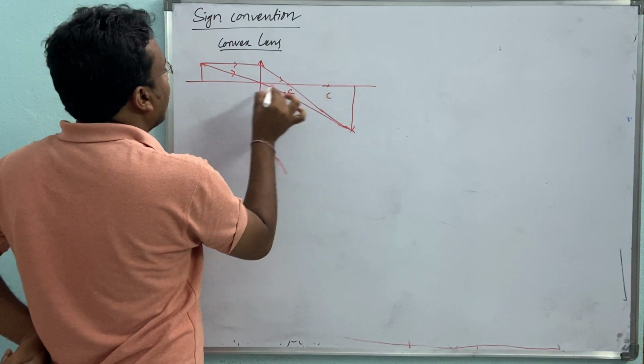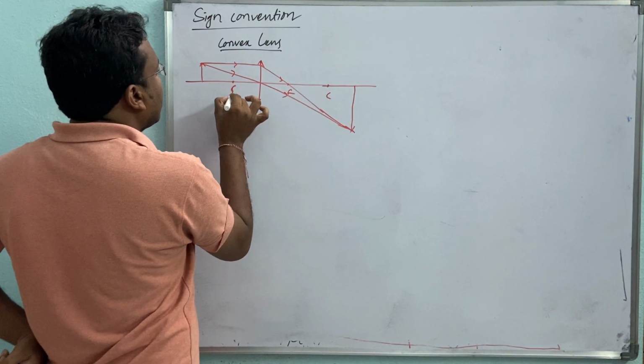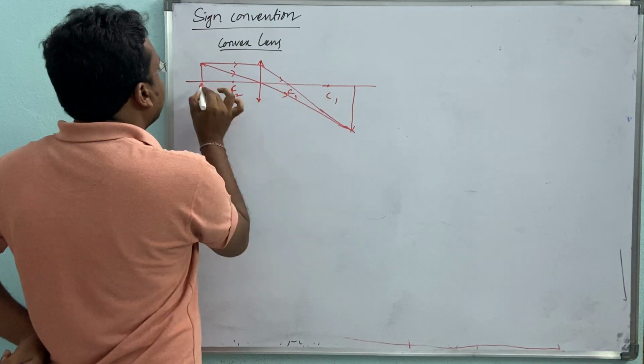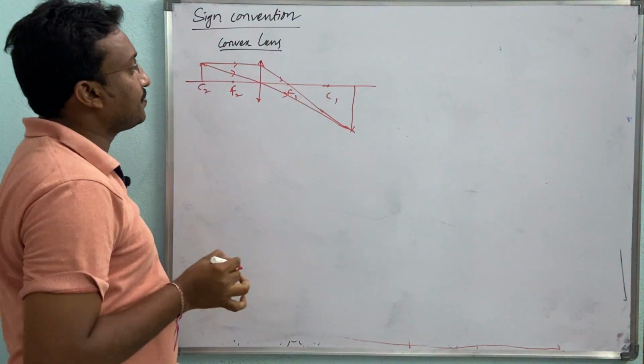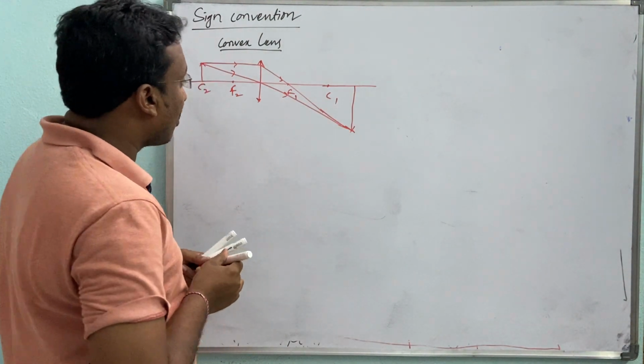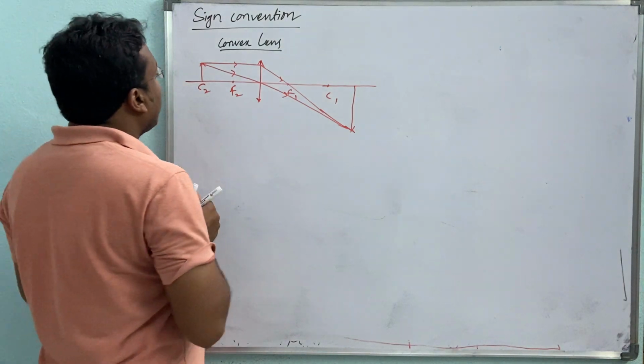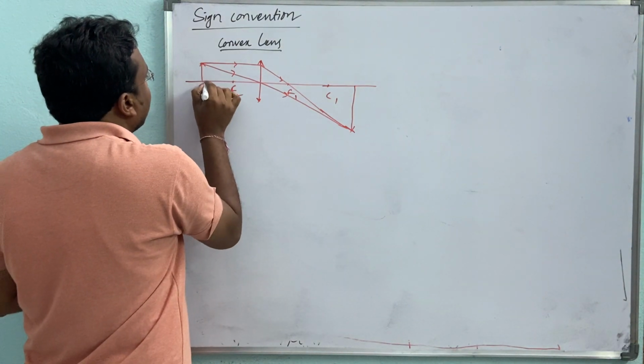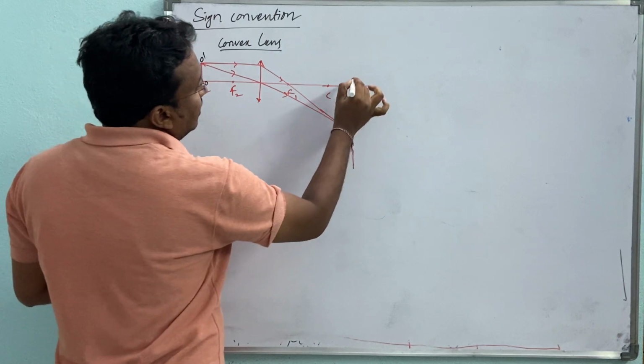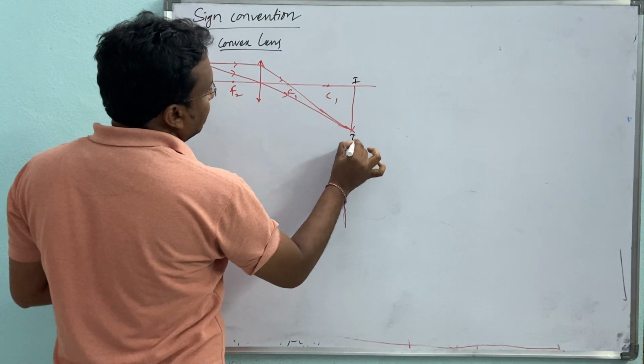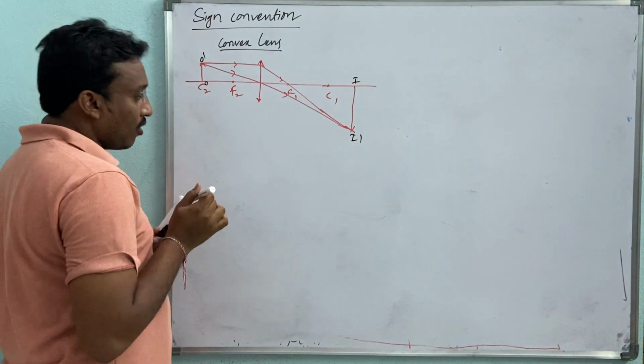Focus, center of curvature, focus and center of curvature. Okay, right. Here, which is the object? Here this is the object, this is the image. Okay, right.